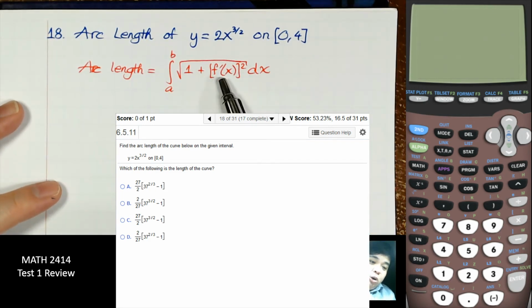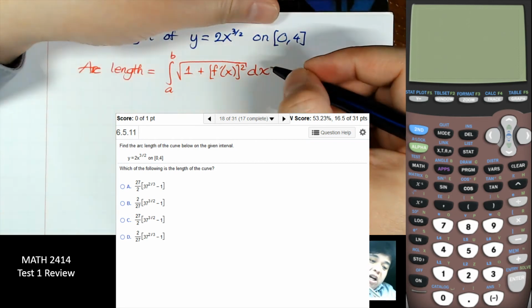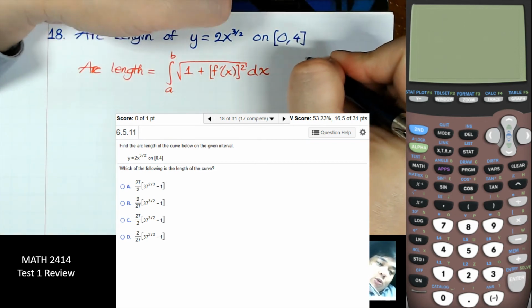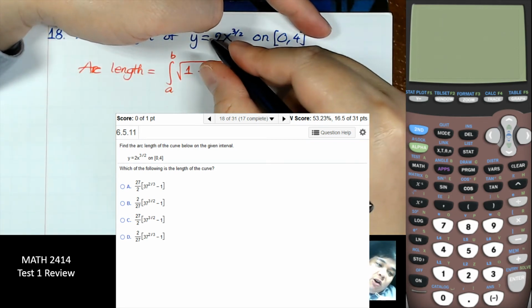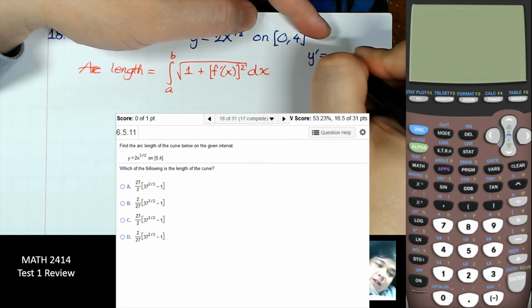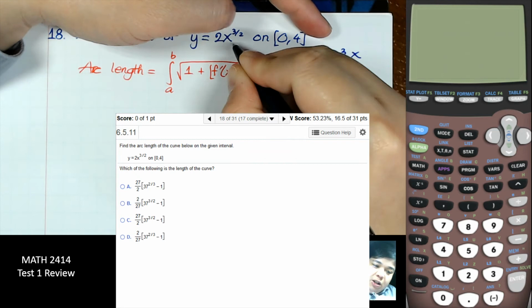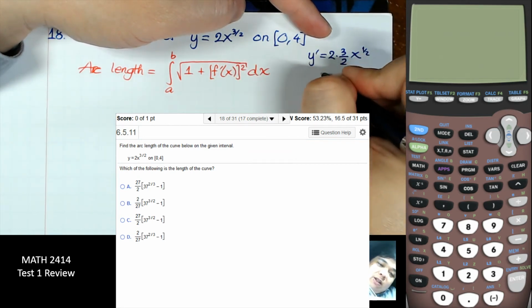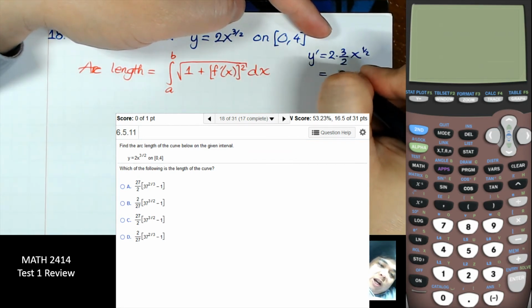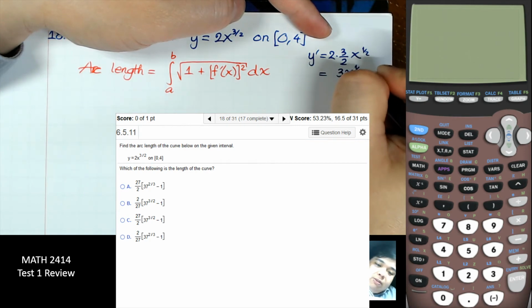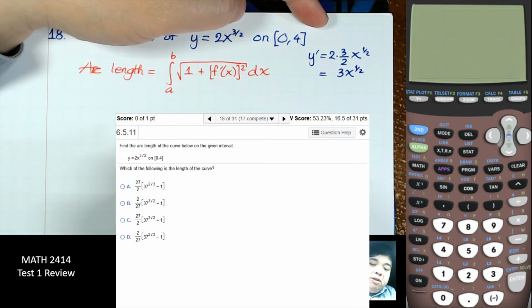So we just need to find the derivative and put that in here. Should be simple. Right, what is the derivative? The function is 2x to the 3/2, so the derivative is 2 times 3/2 x to the 3/2 minus 1, which is 1/2. So 2 and 2 cancel out, giving 3x to the 1/2. Right, so that is the derivative.